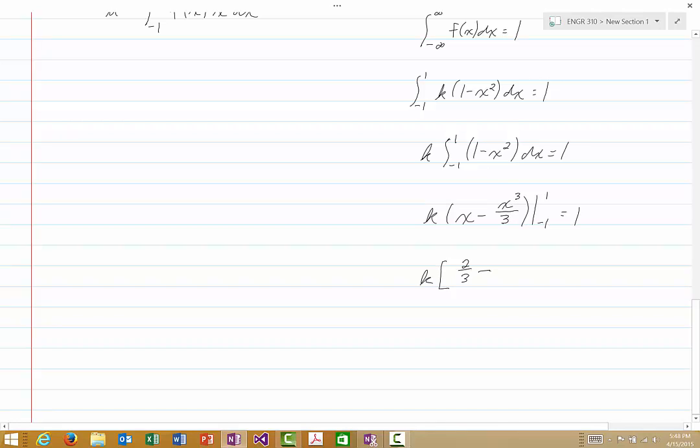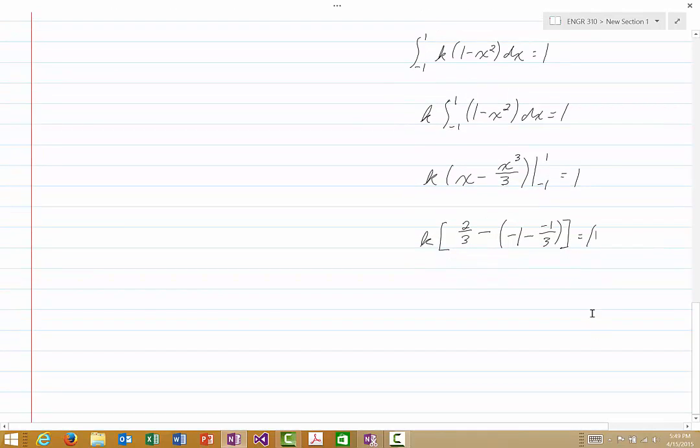And then when we evaluate this at the lower limit, we're going to get -1 for x, and then minus, we'll have x cubed, so minus a -1 over 3. And that's equal to 1. Well, let's think about this.